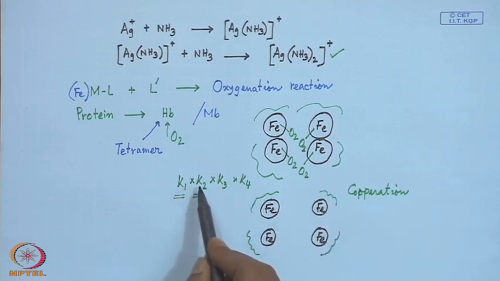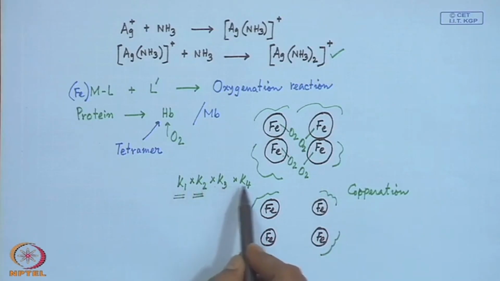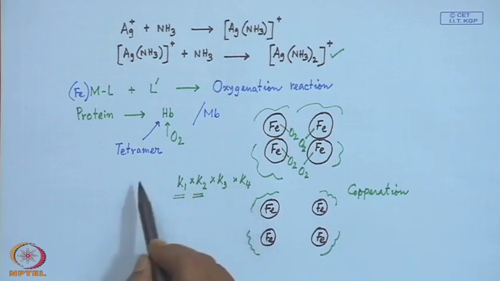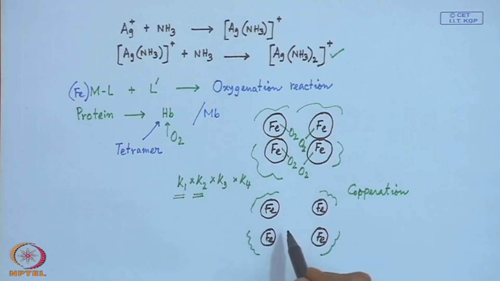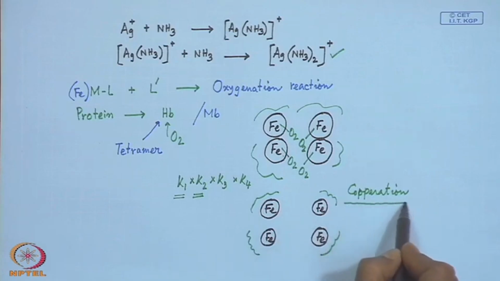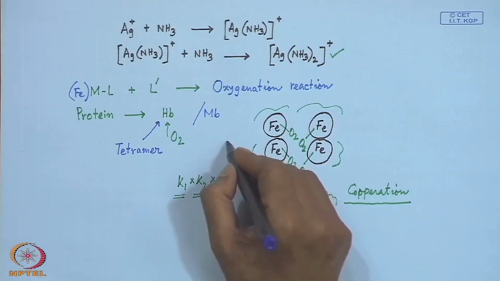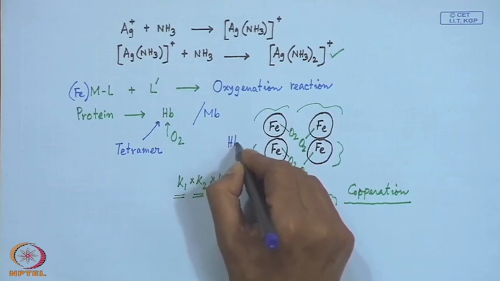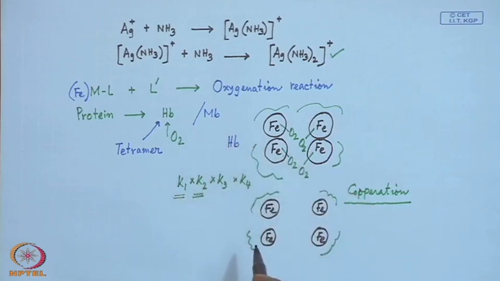So, all together we have K1, K2, K3 and K4, and it is a very complex process for the oxygenation reaction. But the cooperativity of the hemoglobin molecule for oxygen binding, which we can consider as when we have hemoglobin in the deoxy form converting to oxyhemoglobin by binding of 4 O2 molecules in 4 different steps.